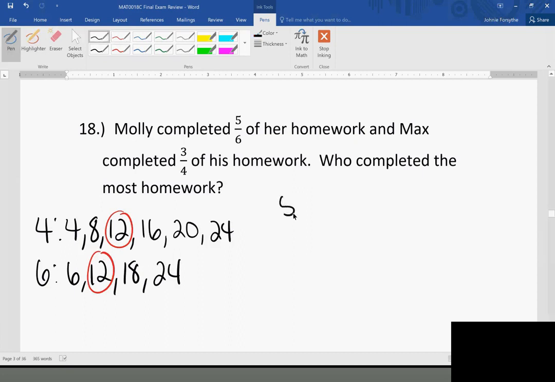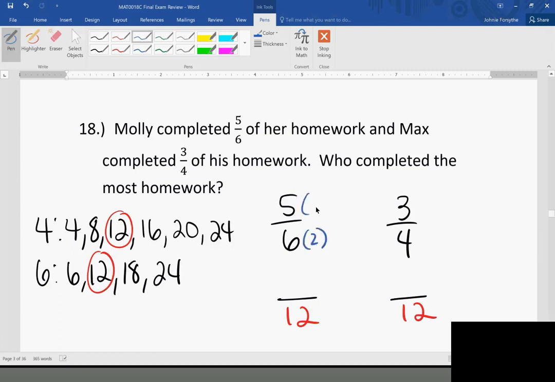So why don't we convert 5/6 and 3/4 to be fractions with a common denominator of 12. So how do we do that? Well, 6 times 2 equals 12, so I'm going to multiply the top by 2 as well. So 5/6 is equivalent to 10/12. And then down here at the bottom, 4 times 3 equals 12, so I'm going to multiply the top by 3 as well. So 3/4 is equivalent to 9/12.